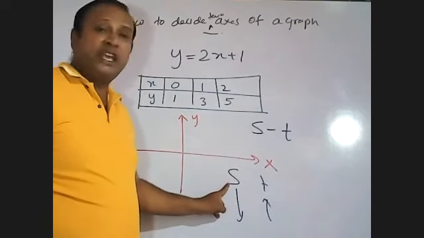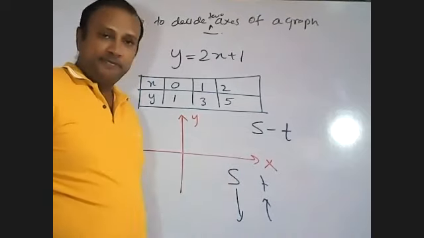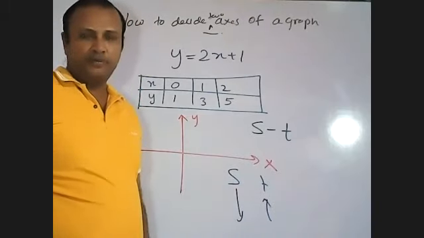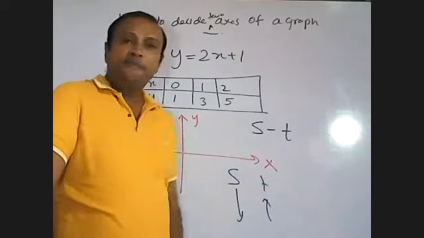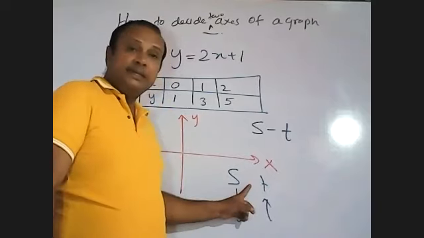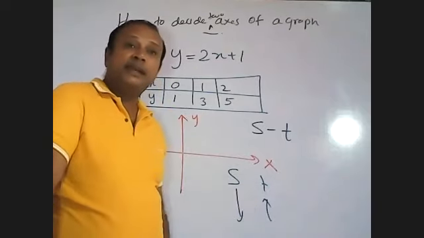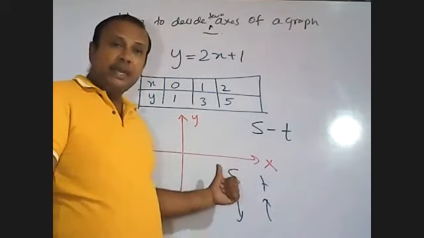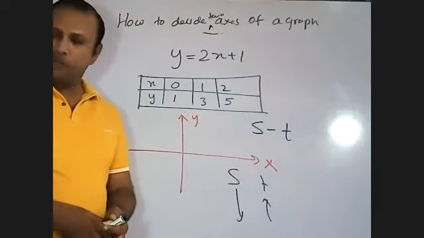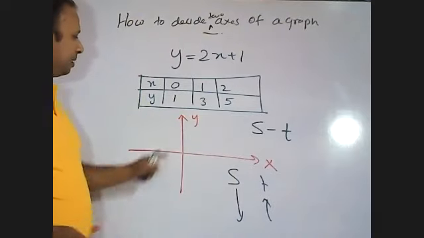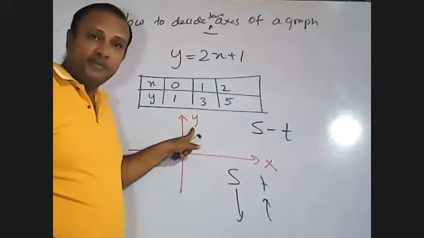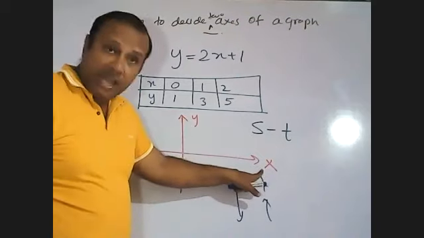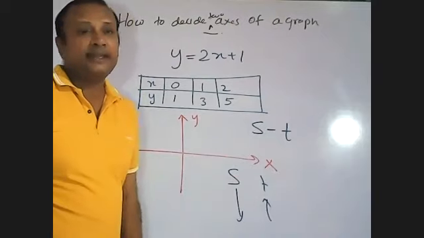Therefore, displacement depends on time, but time doesn't depend on displacement. Therefore, we can consider time as the independent variable while displacement is the dependent variable. Therefore, displacement is represented by the y-axis while time is represented by the x-axis.